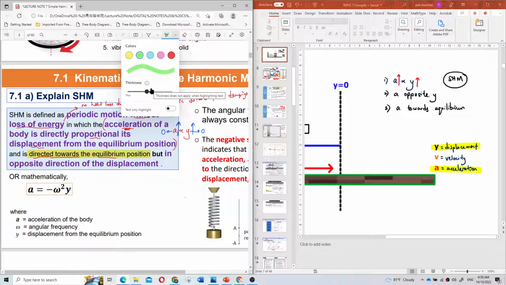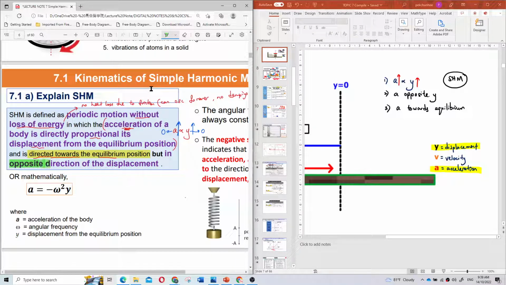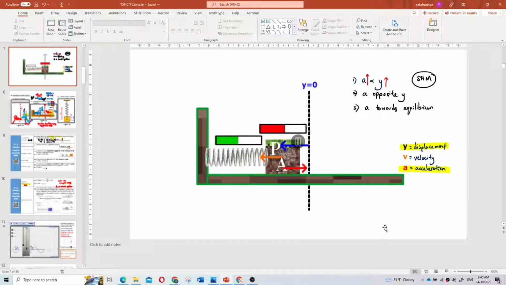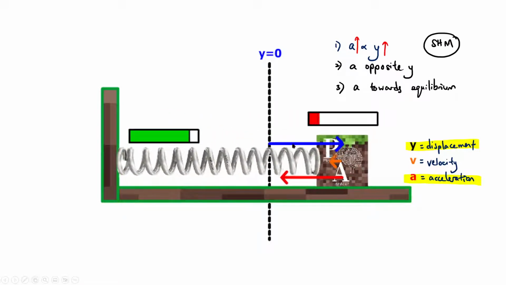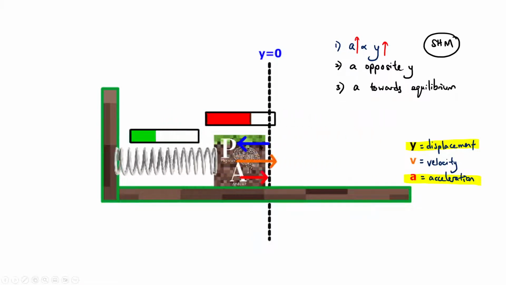That means acceleration is opposite direction of displacement. Acceleration is always opposite the y, y is the displacement. So acceleration is always opposite direction to the displacement. Now do you understand the whole statement here? Good.